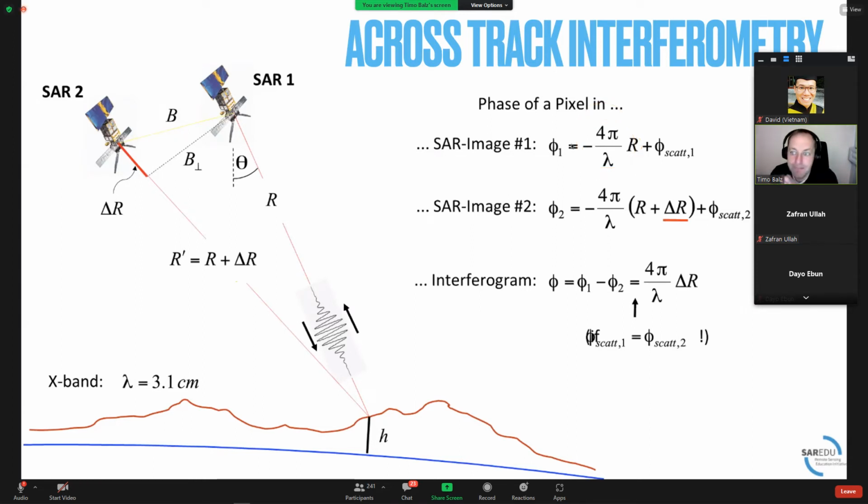Okay, because it would not be so noisy if all your backscattering objects would be exactly at the center of each pixel. But that's clearly not the case, okay?